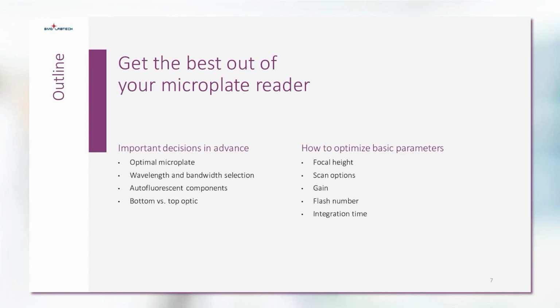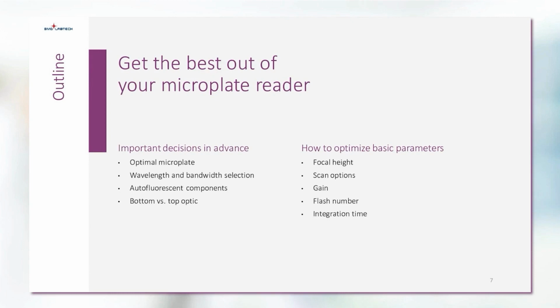But now let's move on to the main goal of today's webinar, improving your microplate reader measurements. We will provide you with some tips and food for thought to get the best out of your microplate reader. We have divided these into 2 sections.